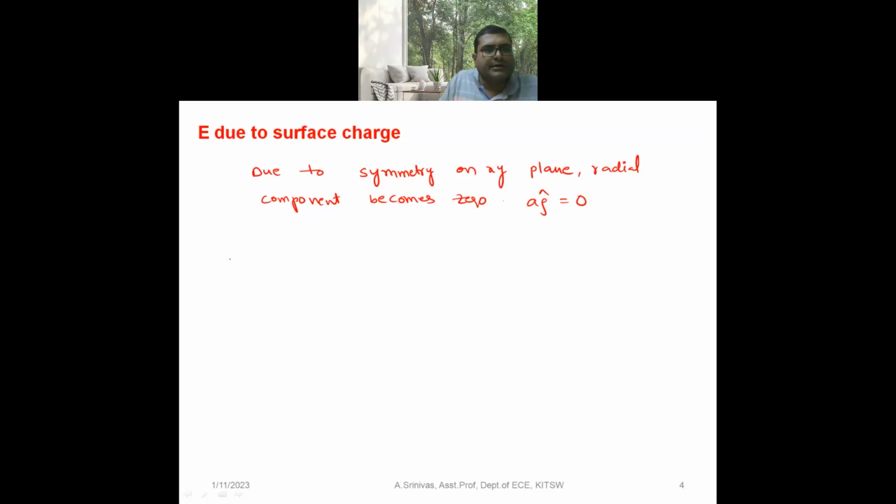Now it becomes E is equal to rho s z by 2 epsilon, integration rho is from 0 to a, rho d rho by (rho square plus z square) power 3 by 2, az cap.